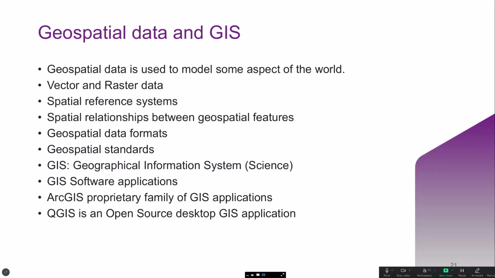You can have spatial relationships between different types of geospatial features. So you could have a point, and you could do an operation to say, is this point within a polygon? Is it within a distance of a line, and the line could be a river or a road? You get a whole variety of data formats in the geospatial world.